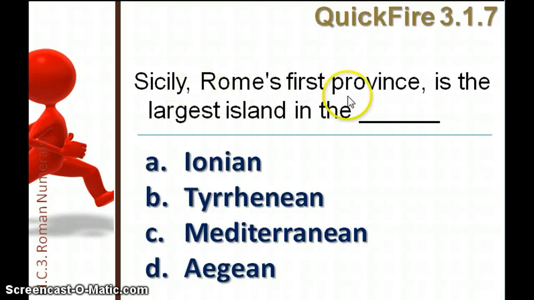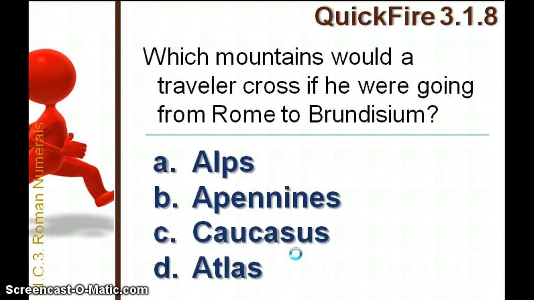Sicily, Rome's first province, is the largest island where these are all seas, and we're dealing with the Mediterranean. So you would cross from Rome to Brundisium.